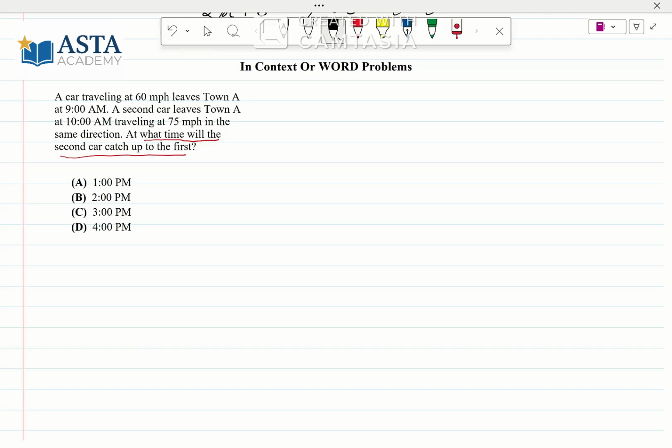Okay. Let's say here is the distance. Both of them are starting at the same place. There is one car going in this direction, let's say car number 1, and its speed is 60 miles per hour.